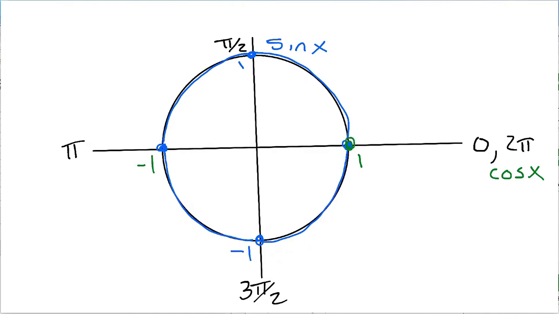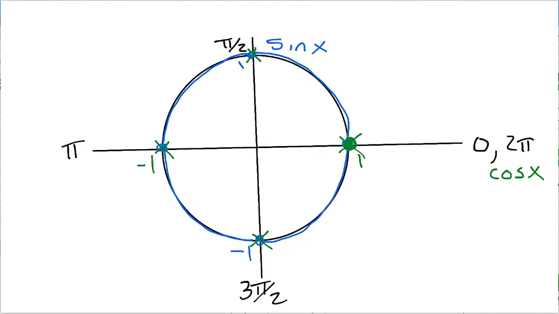So the cosine starts here at 1. The cosine goes up to here, and you haven't gone left or right, so that's 0. When you get back to here, the cosine is -1. When you get down to here, the cosine is back at 0. And then if you get back to that starting value, the cosine is equal to 1.